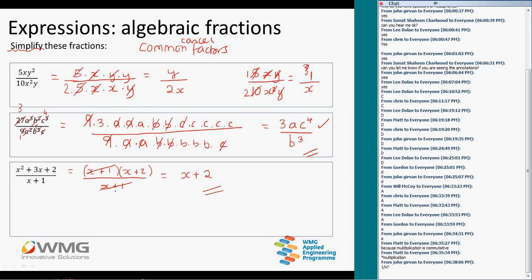So what's the answer, A, B, C, or D? Simplify this fraction.